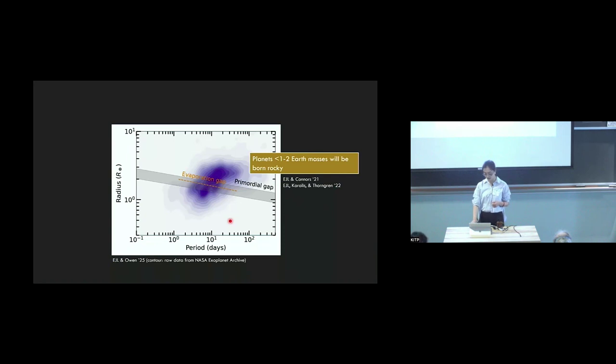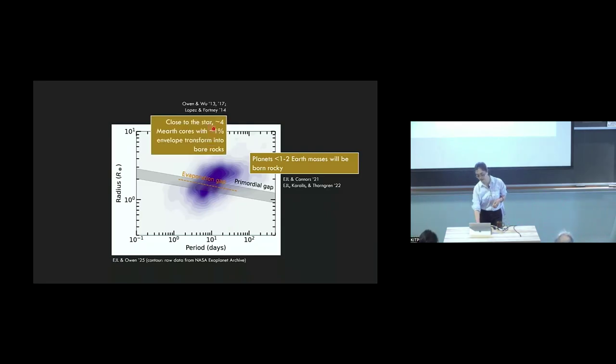And after the disk gas goes away and the planet is just laid bare to the stellar radiation, close to the star, sorry, I should have had a less than 1% there. So close to the star, around 4 Earth mass cores with less than 1% envelope mass fraction, we expect them to transform into bare rocky objects. So there's going to be a further transformation and processing.